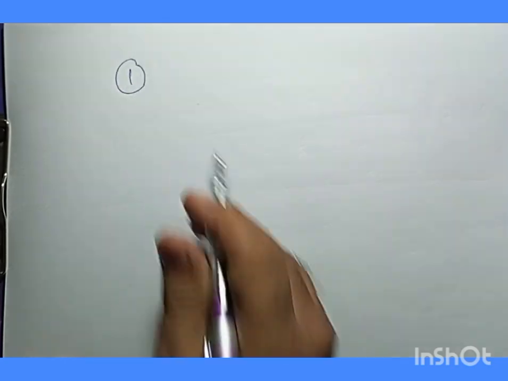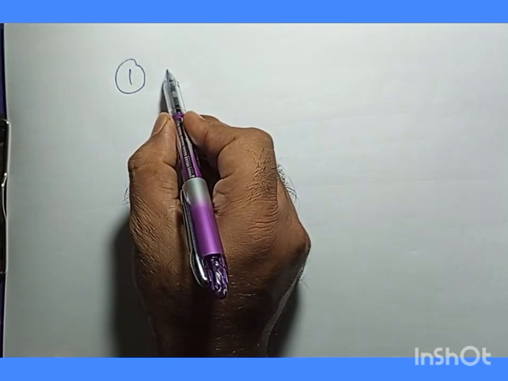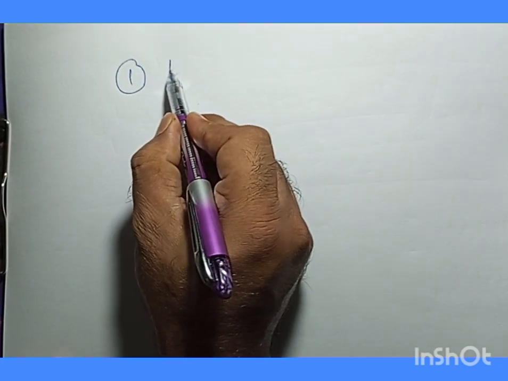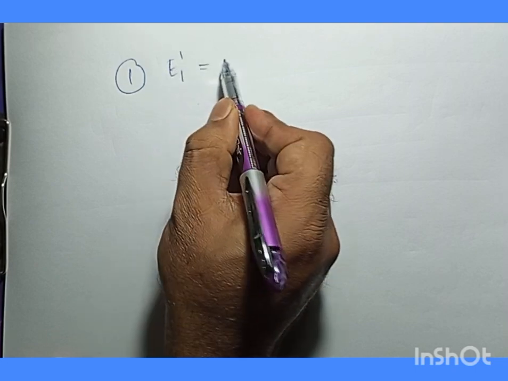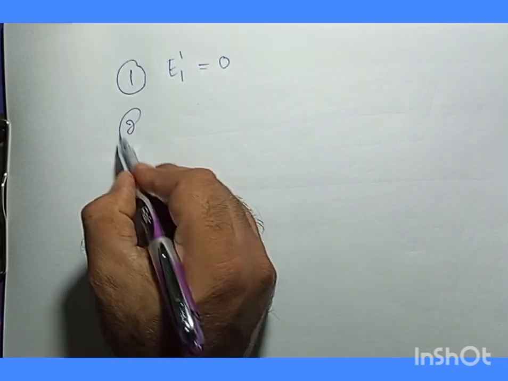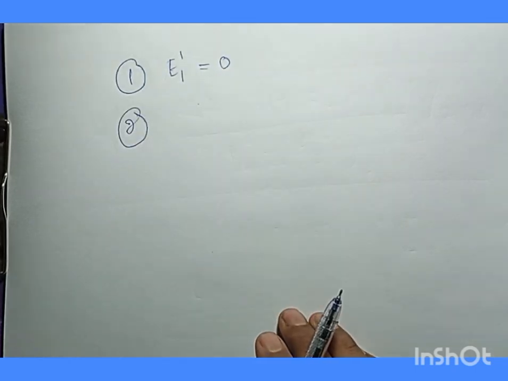So to summarize this lecture, we have learned that the first order correction for the ground state of hydrogen in an electric field is 0 for this particular problem, so E11 is 0. And what was the next important thing that we understood?